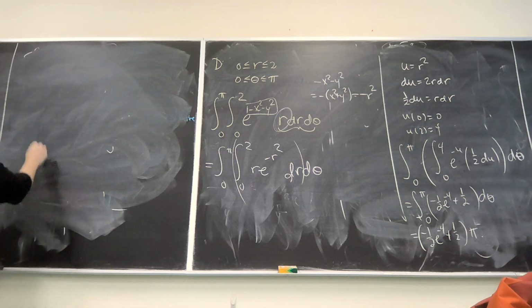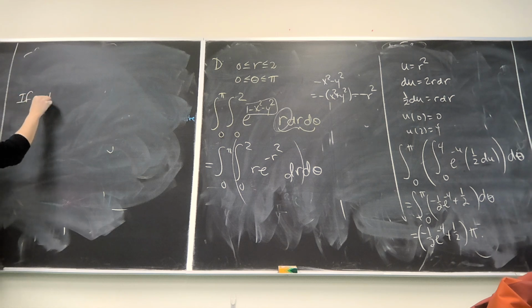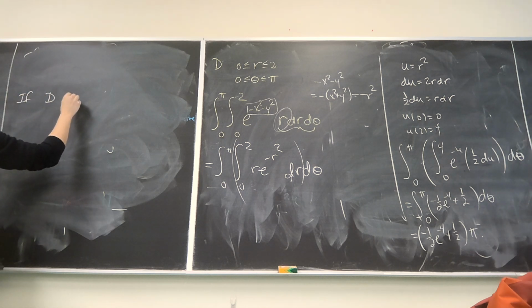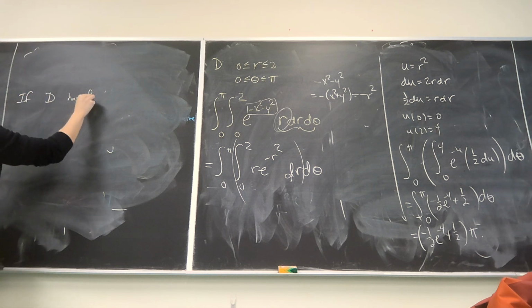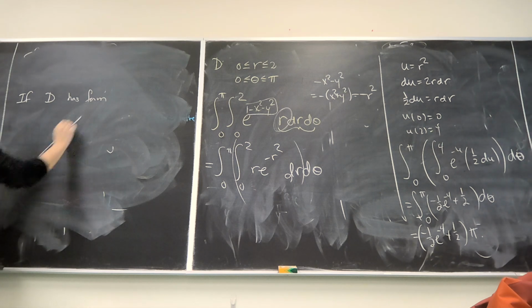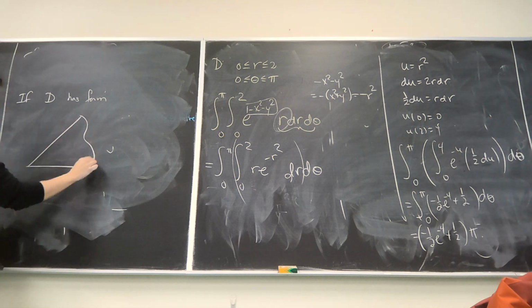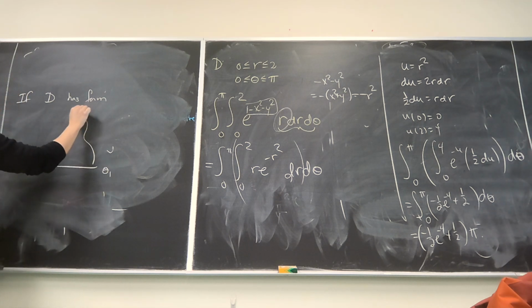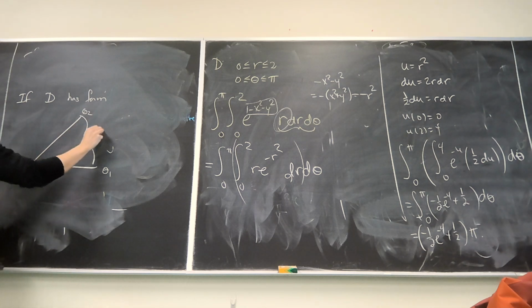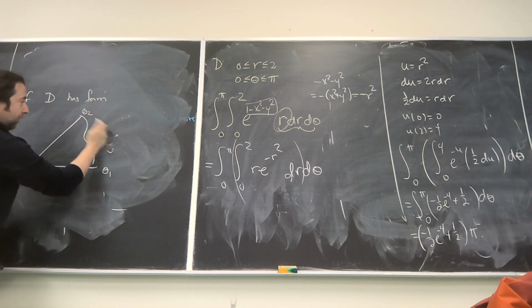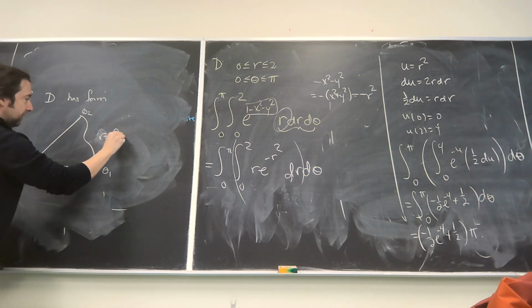The more general setup for a polar integral is basically this. If you have a region, if your domain D has a form that looks like this, where you go from theta 1 to theta 2, and the function on the outside of this wedge is defined as r, the radius, equal to f of theta.